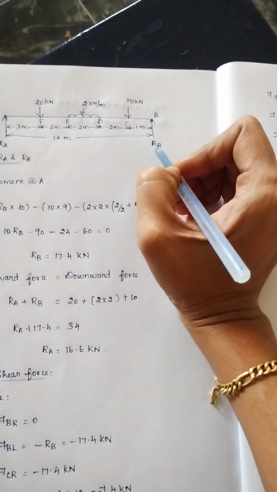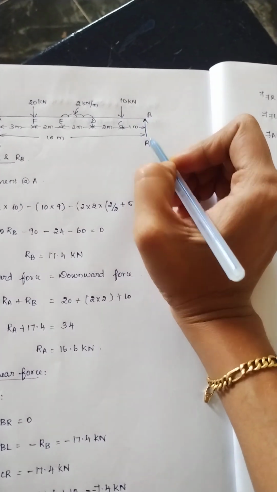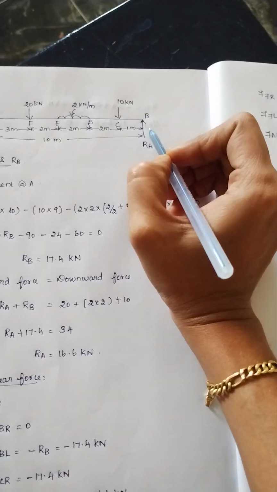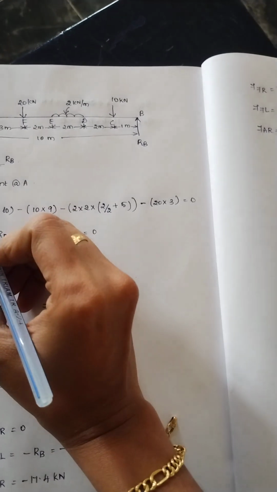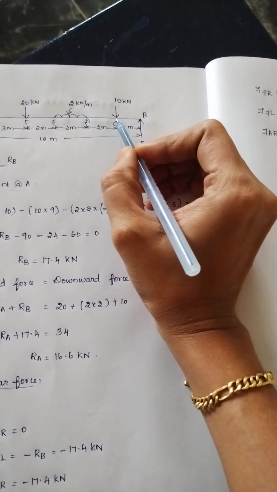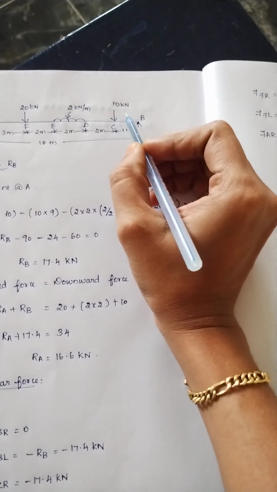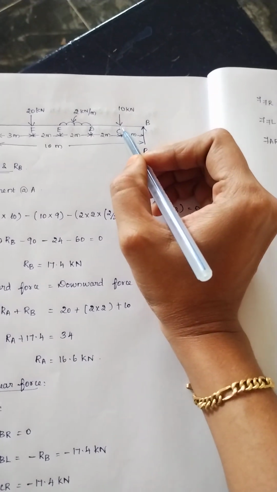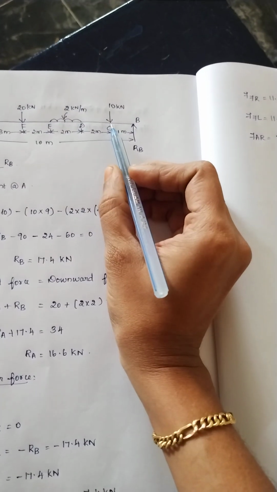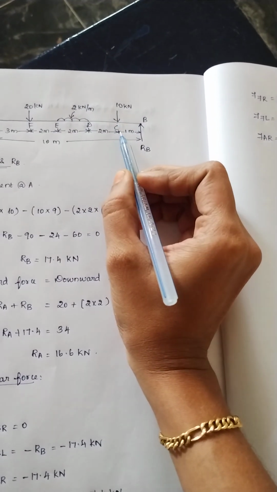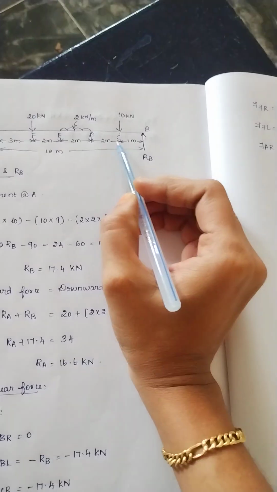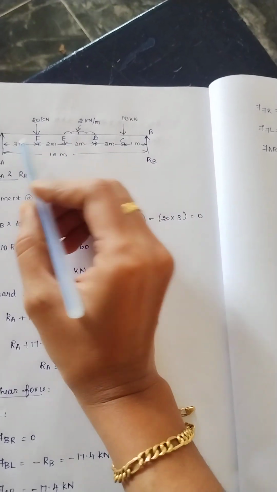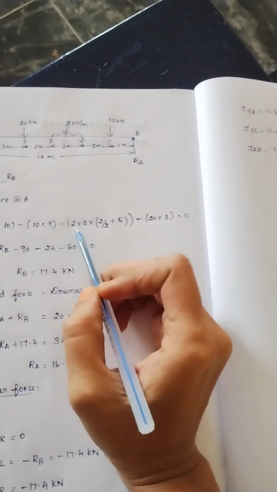The support reaction RB is acting upward, therefore the sign is positive, plus. For C point, the point load 10 kilonewton is acting downward, therefore the sign is negative. For point load, we have to consider load into distance, therefore minus 10 into the total distance from C to A, which is 9.